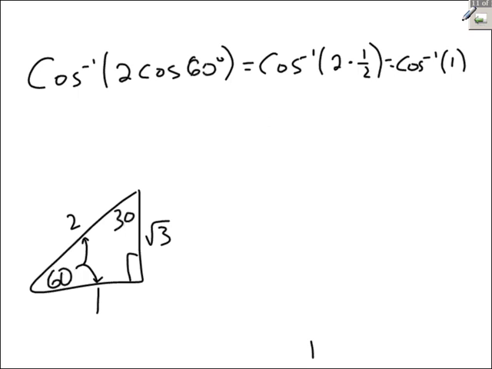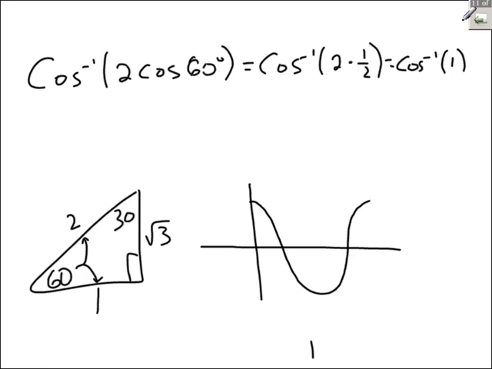So we want the cosine inverse of 1. The cosine of which angle gives us 1? The angle can be between 0 and 180. When it comes to 1s and 0s and negative 1s, I go to the cosine graph. This is theta. This is asking the cosine of which angle is 1.